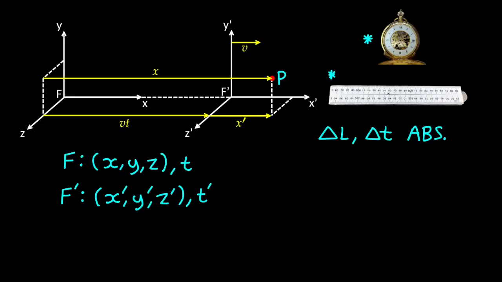If we assume that the clocks of each observer read 0 at the instant that the origins of these two frames are coincident, then we can use the following Galilean transformations to relate these measurements.